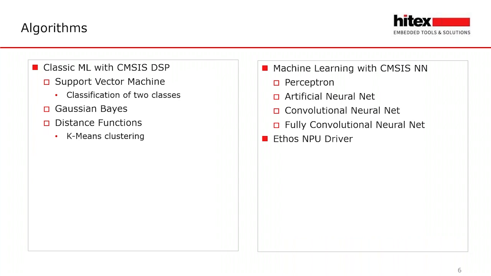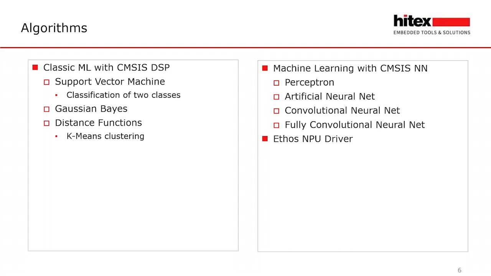Now, in terms of support within the Cortex family, the CMSIS DSP library does now provide what's called classical machine learning algorithms. So these are things like support vector machines, Gaussian Bayes inference, and also distance functions that we can use within clustering algorithms. Now these we'll discuss at a later date, but today I want to look at the neural net support and also support for convolutional neural nets that's included within CMSIS-NN.